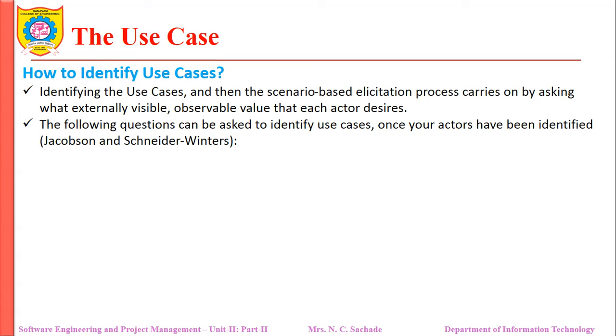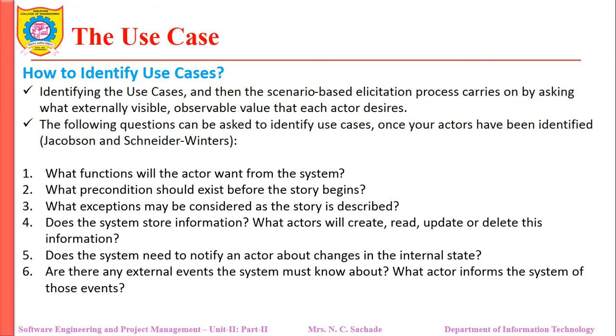So if you remember, in interactions we had seen, homeowner wants to enter password, homeowner wants to set the system, set that alarm, activate that alarm. So this is the observable value that each actor desires, so that we have to find out. So we can again ask a set of questions and it will be helpful for us to identify use cases.